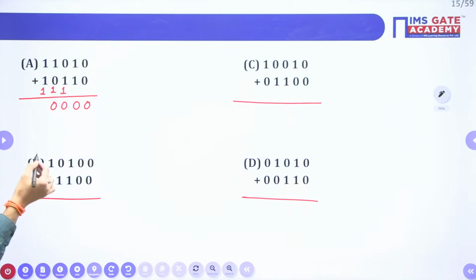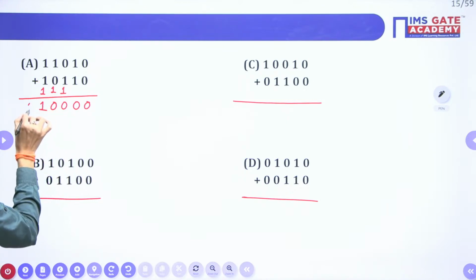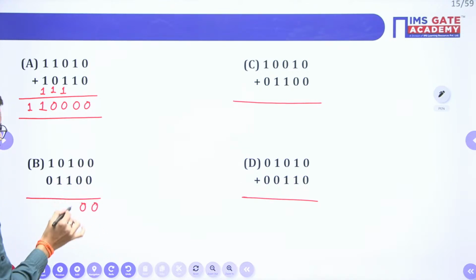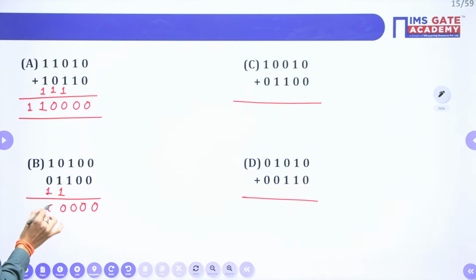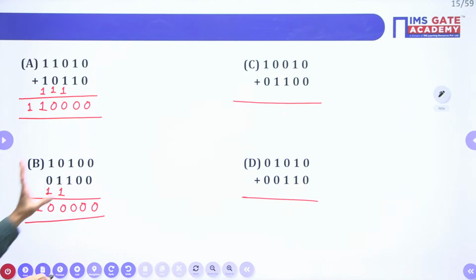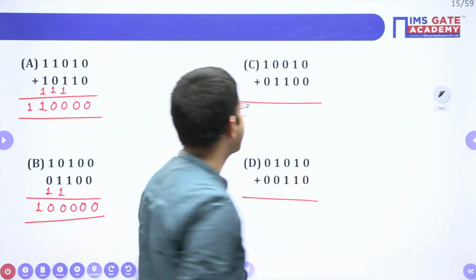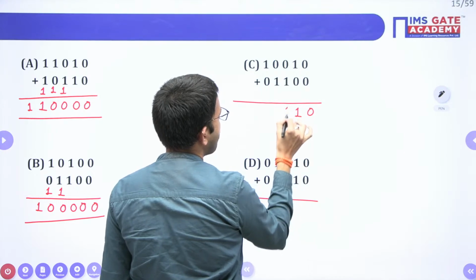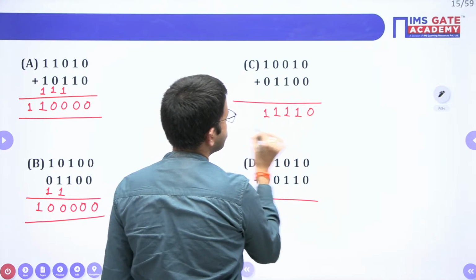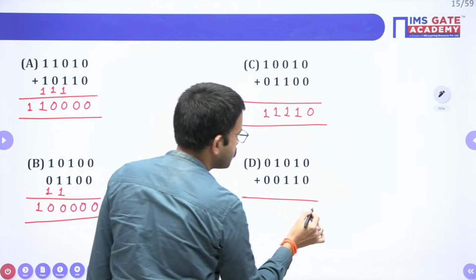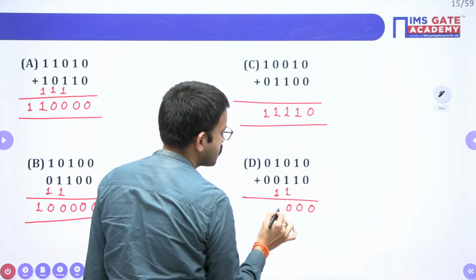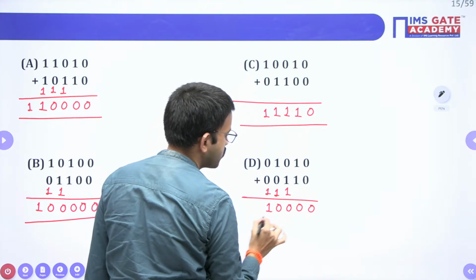Here 3 ones are there, which is nothing but 1 1. Next, 1 plus 1 is 2, sum is 0, carry is 1, sum is 0, carry is 1, sum is 0, carry is 1. Just by assuming all the numbers are unsigned, just perform the normal addition. Sum is 0, carry is 1, sum is 0, carry is 1, like this.